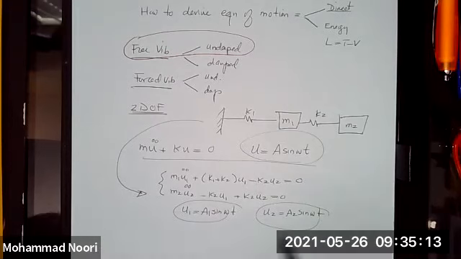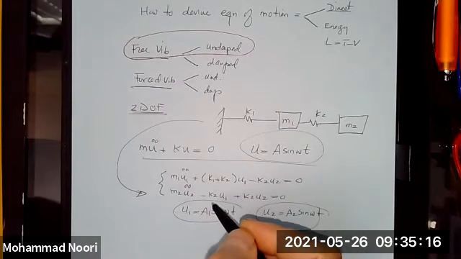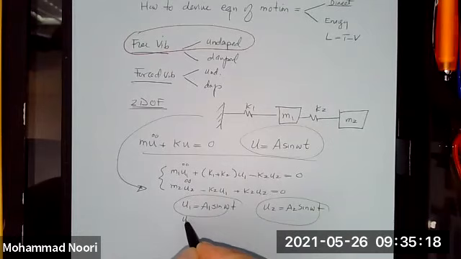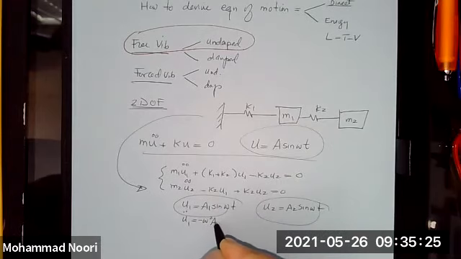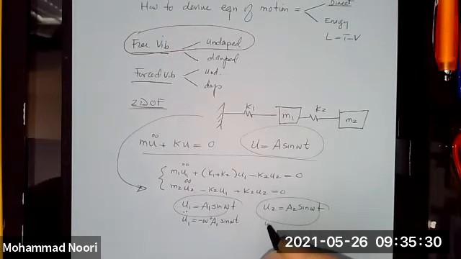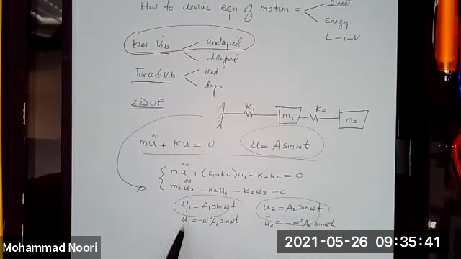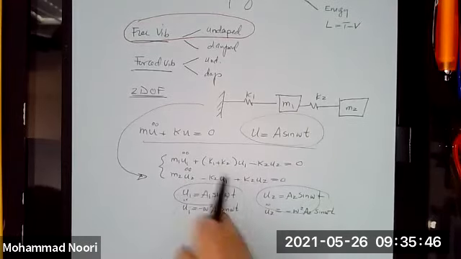If you substitute these two into that equation, you consider U1 double dot, which would become negative omega squared A1 sine omega t. U2 double dot would be negative omega squared A2 sine omega t. So you substitute U1, U2, U2 double dot and U1 double dot in this equation.